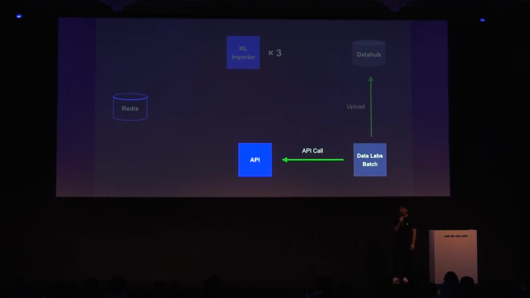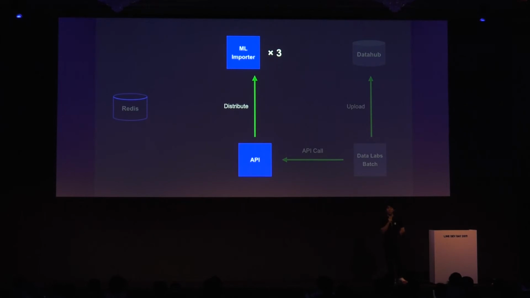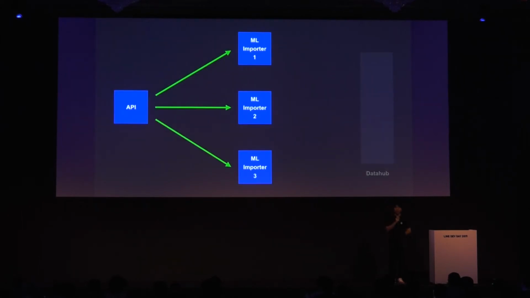Once it is complete, the notification API is called on the part of Line News. The API server receives the notification from Data Lab. Then the request is sent to 3 servers, 3 importers, and each importer has APIs which are called in this setting.